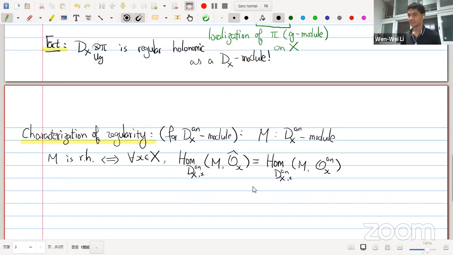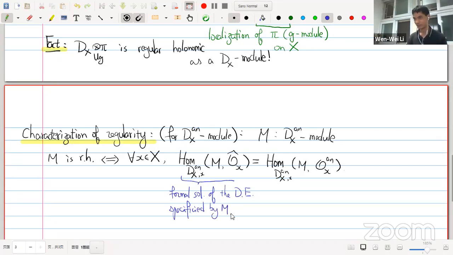To understand this equality, let's give some remarks. This is just a space of formal solutions of the differential equations specified by N, and somewhat sloppy here.